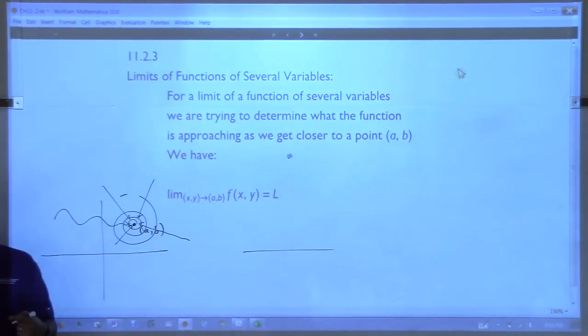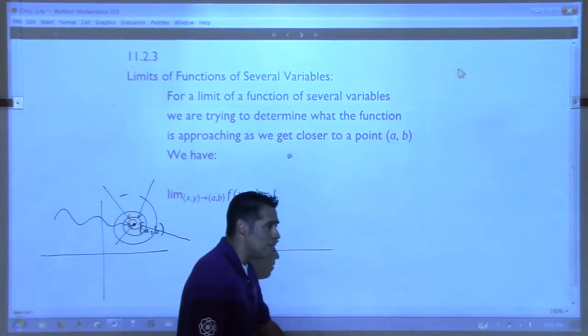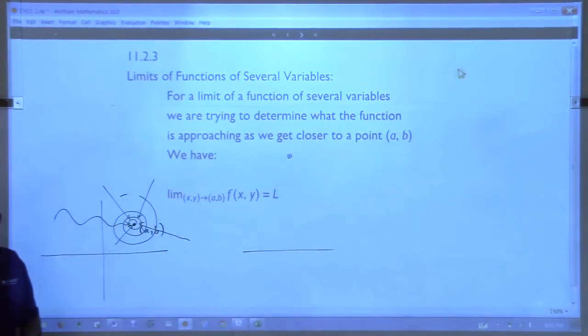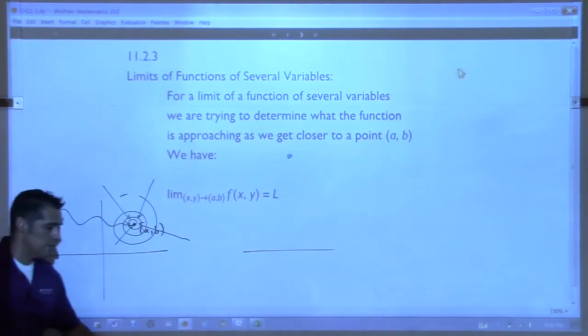It's not just two sides. And that's a major problem. Because how are you ever going to test every path heading to that point? You can't. It's not possible.